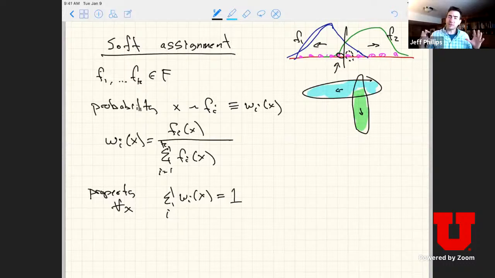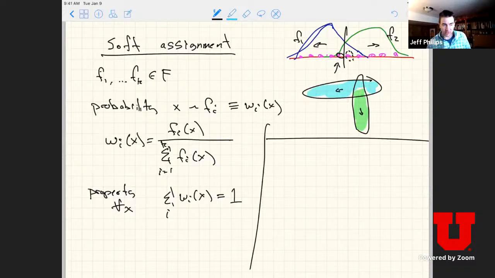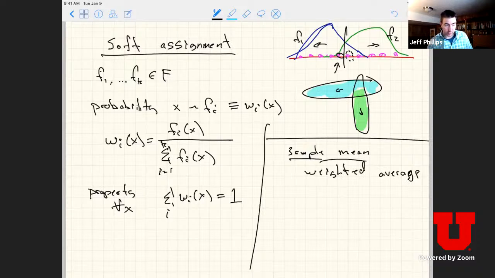Okay, so I've got a soft assignment, but then I need to calculate the mean again and the covariance, and I need a weighted average of the mean. So what this means is that now my sample mean is going to be a weighted average. I'm going to write down mu of i, just for one of the clusters.